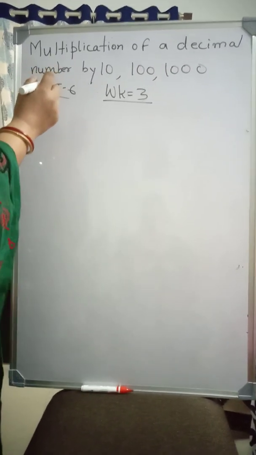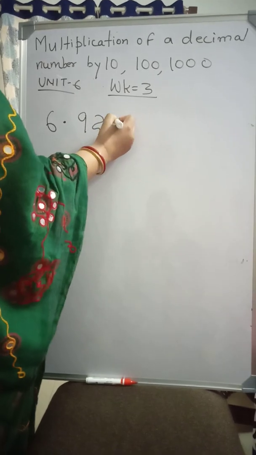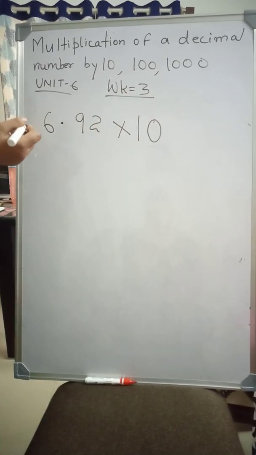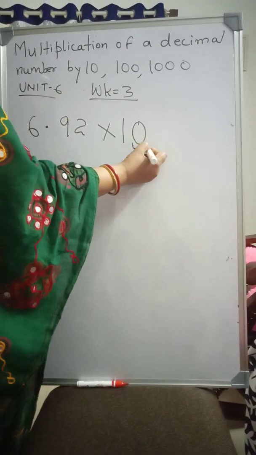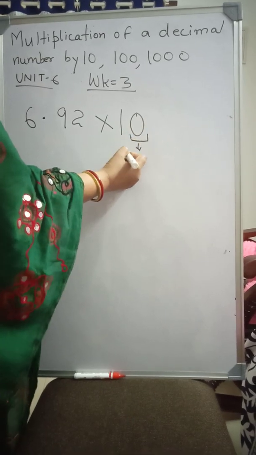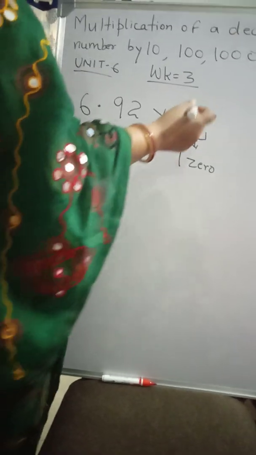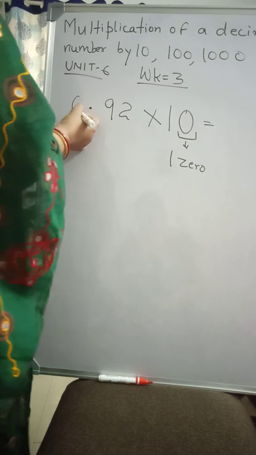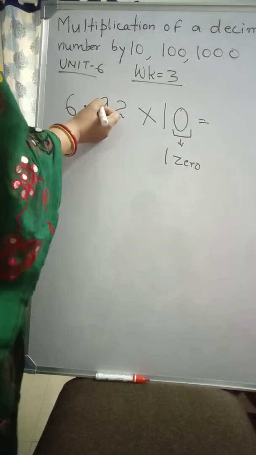So now let us study these questions. 6.92 multiplied by 10. So here you see that this multiplier, that is 10, is having 1 zero. How many zeros? 1 zero. So firstly we will multiply this 6.92 by 10.